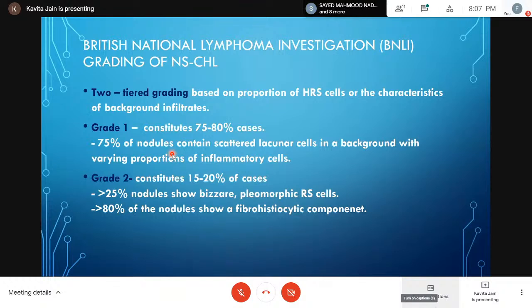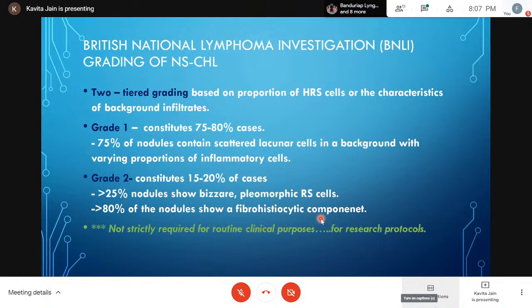But when the disease progresses and more lacunar cells grow, more than 25% of nodules will show bizarre pleomorphic RS cells. The criteria is either 25% of the nodules showing bizarre pleomorphic cells, or more than 80% of the nodules showing a fibrohistiocytic component.